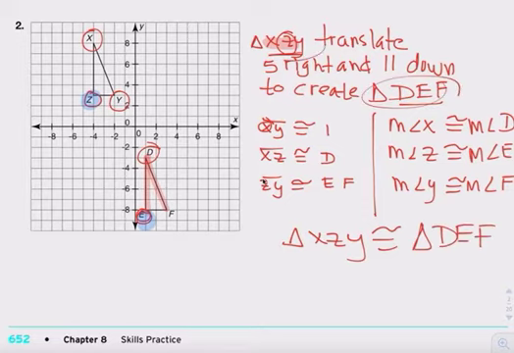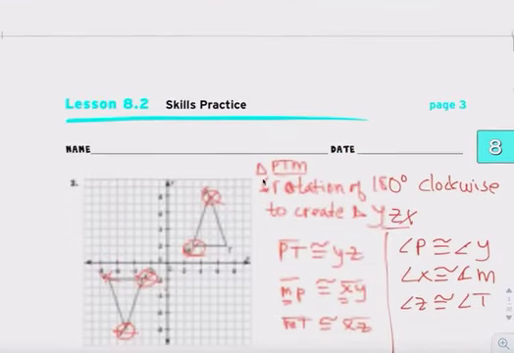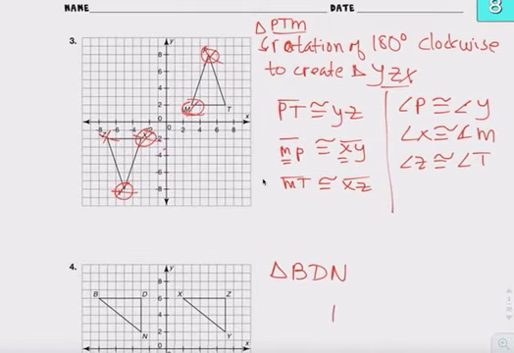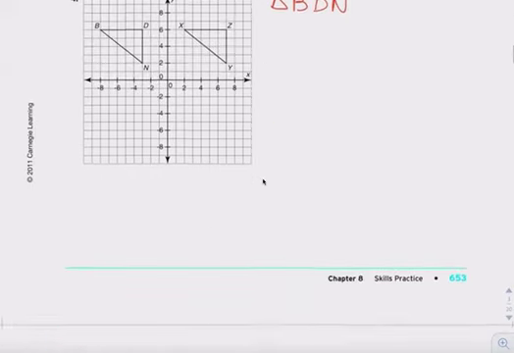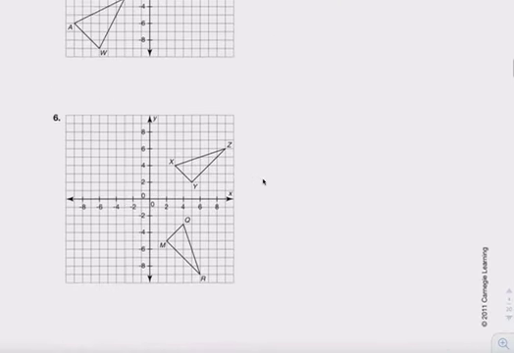Same thing here. Because of all these things, we know that triangle PTM is congruent to triangle YZX. I'm just going to do one more because all these are basically the same thing.